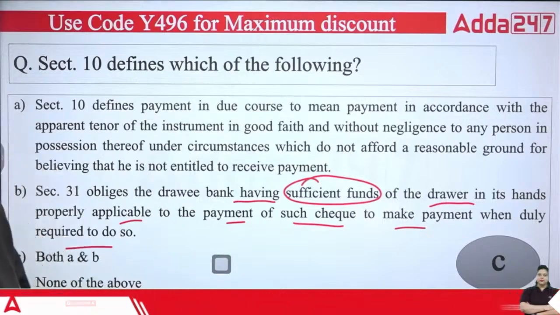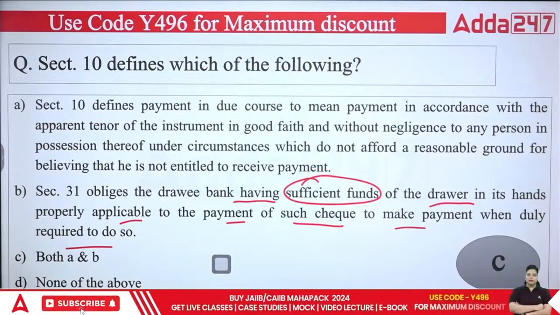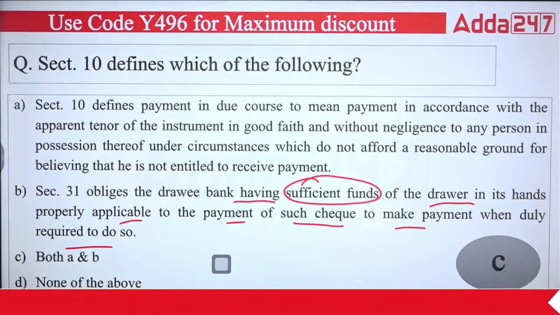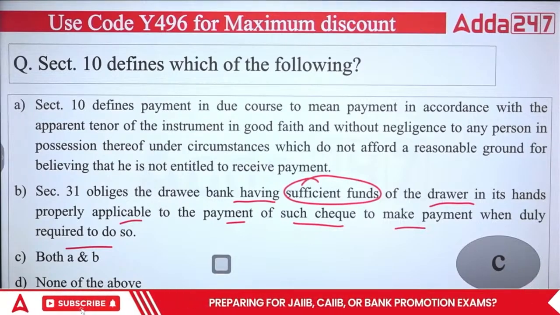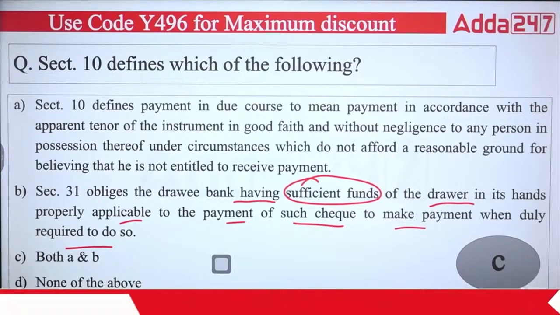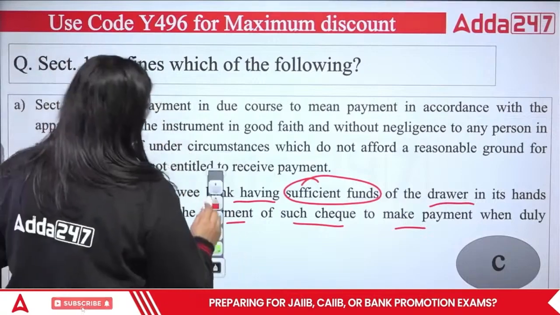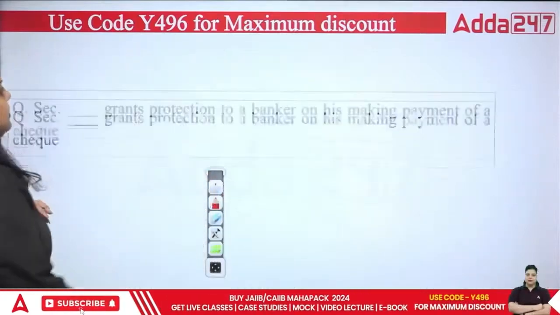That's what we're talking about in section 10 and section 31. Clear? So section 10 defines payment in due course. So the right answer will be your C option.